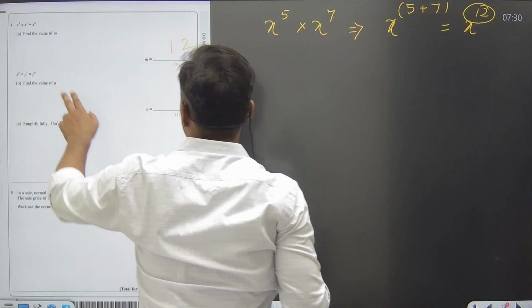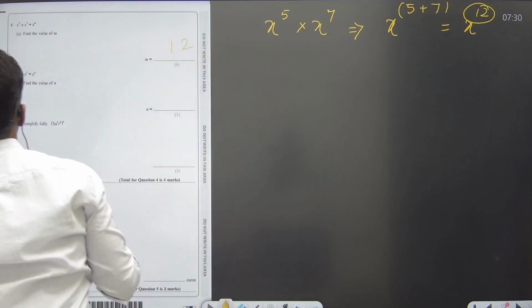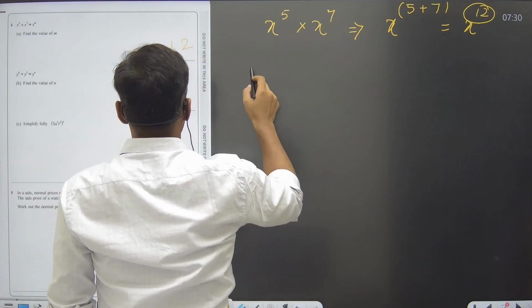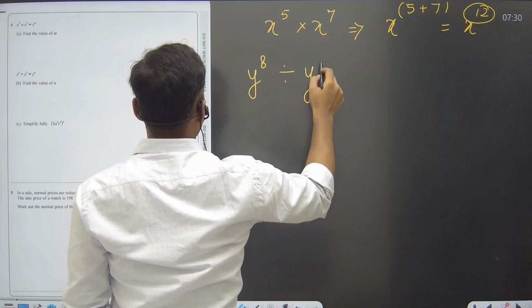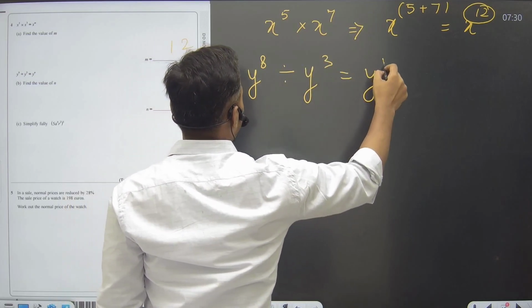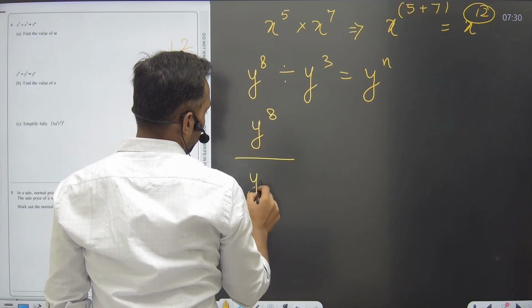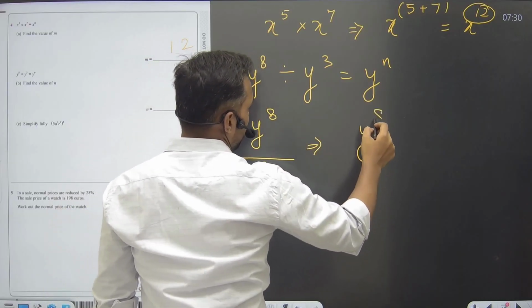Same, y power 8 division, sorry, not plus, it is division, y power 8 divided by y power 3 equals to y power n. So y power 8 upon y power 3 will be equals to y power 8 negative 3.